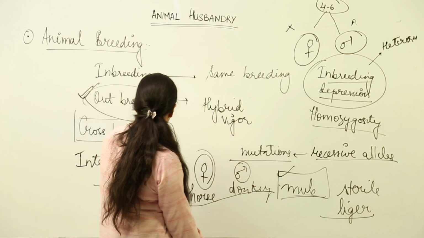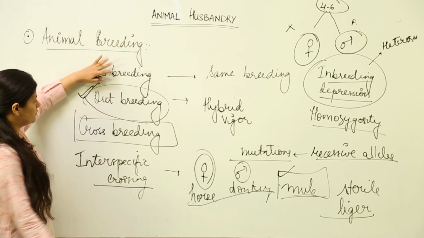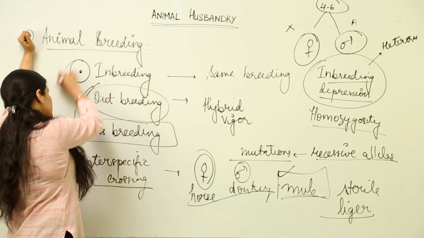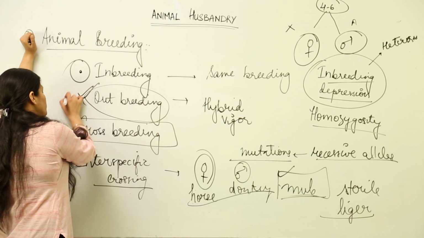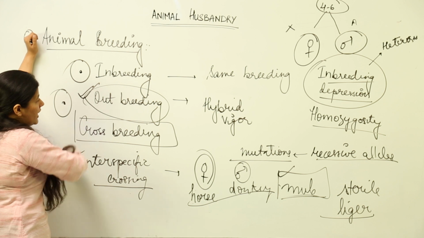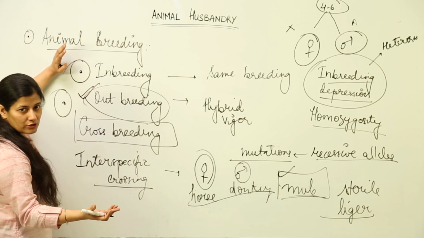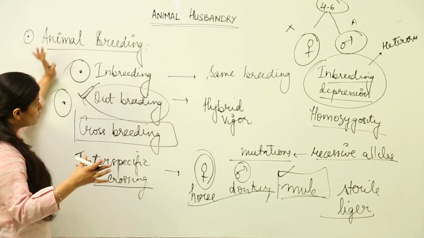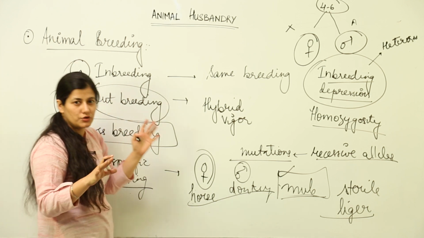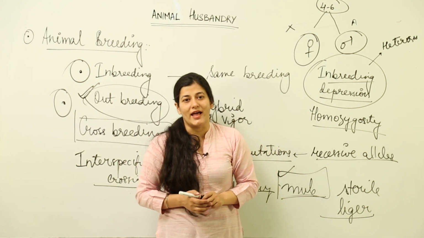These are interspecific crossings. So you get an idea. In animal breeding, we have two main aspects: inbreeding and outbreeding. Under outbreeding, we have crossbreeding and interspecific crossing, and this entire process is aimed at improving the quality of the organisms in order to increase the produce. That is all you have to understand in animal breeding.